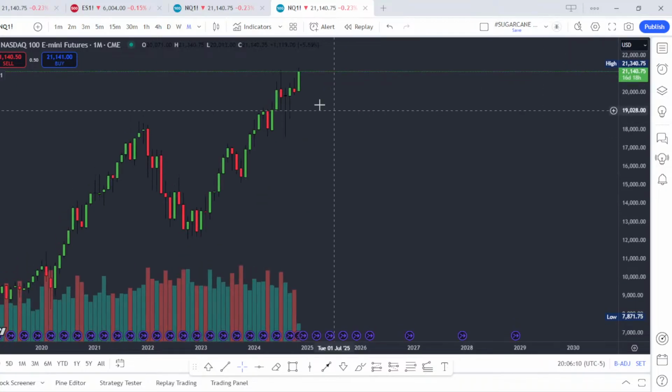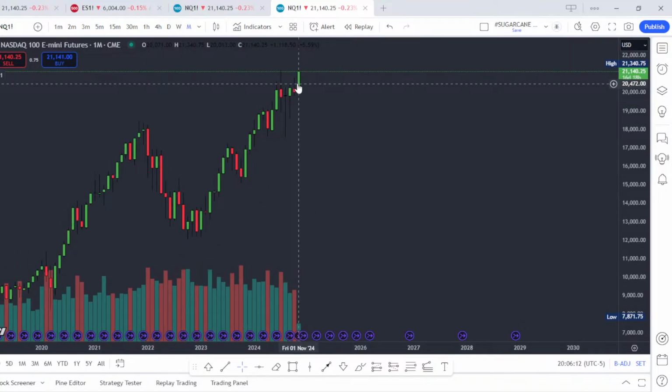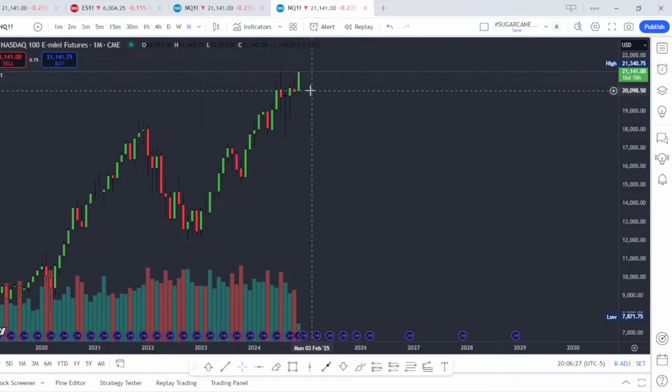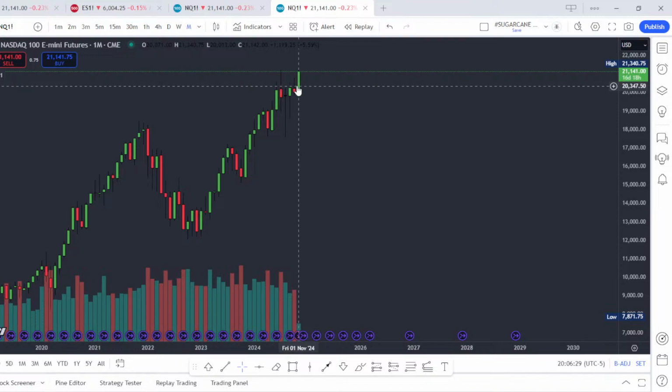If I look at the month, it's a big green bar. So I would already be leaning this month to try to buy more than sell. Because naturally, if it's going to be a green month, that means we're going to get more buying opportunity, right?